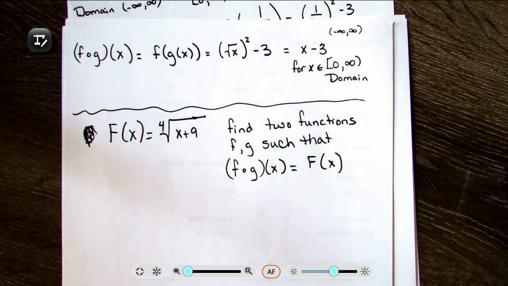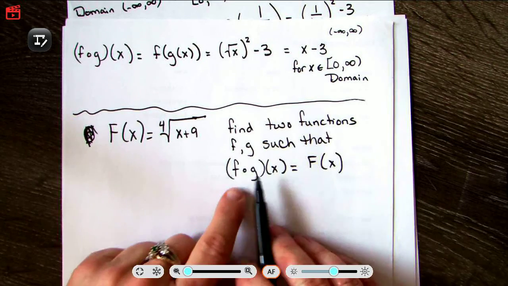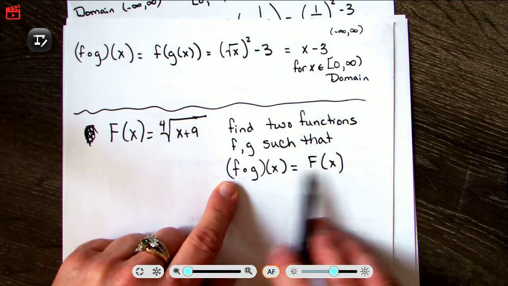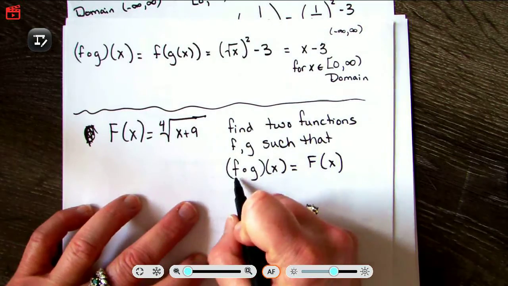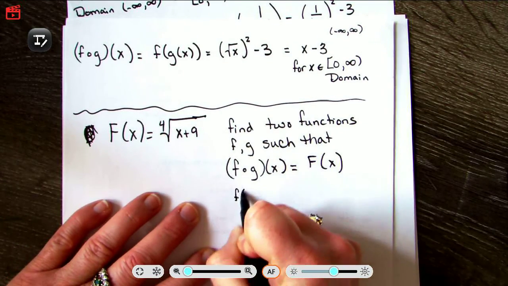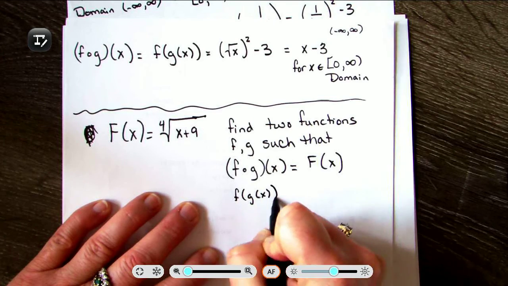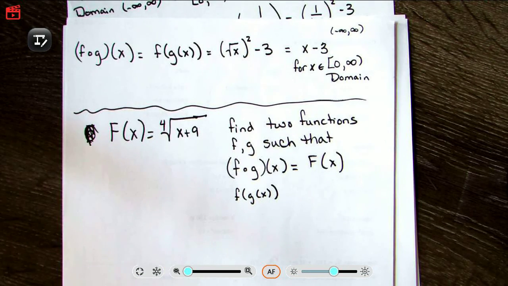We want to find two functions. Okay, two formulas for something, so that if I have this, it equals that. Somehow I've got to look at this and come up with two functions. I'm going to rewrite this guy again. Okay, that's f of g of x.